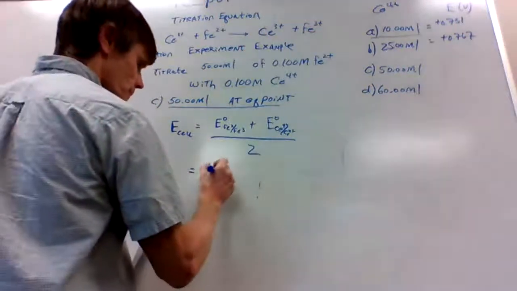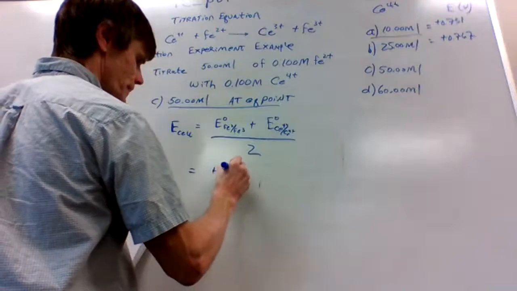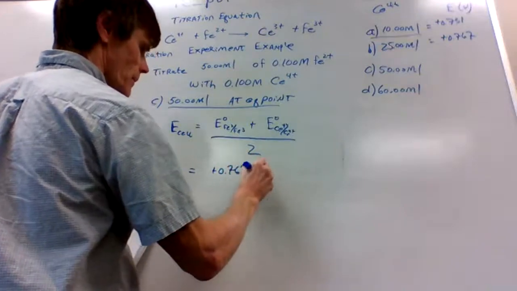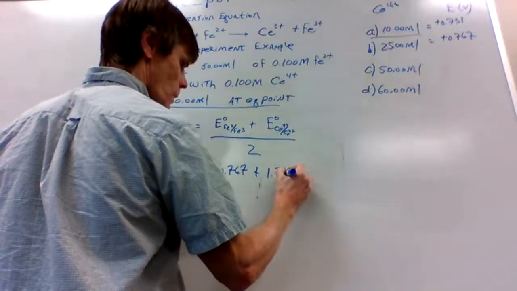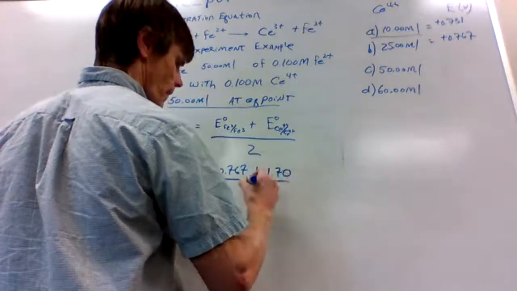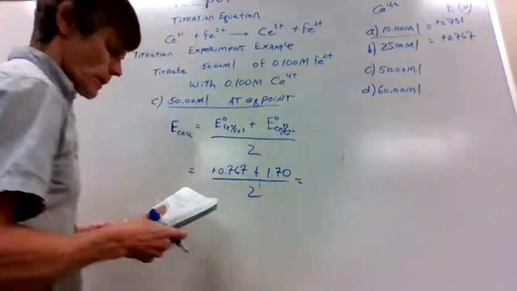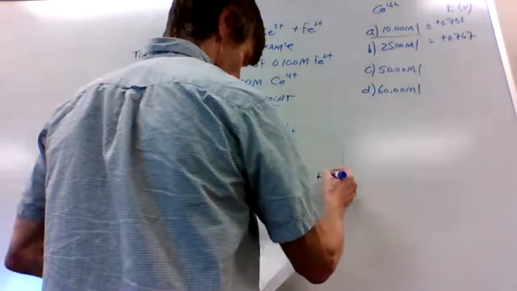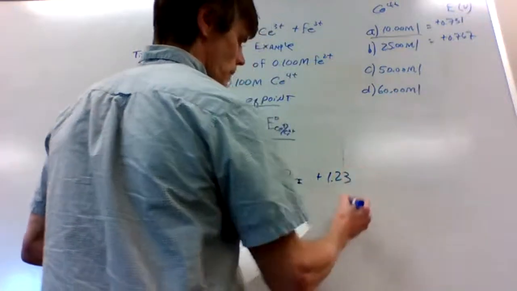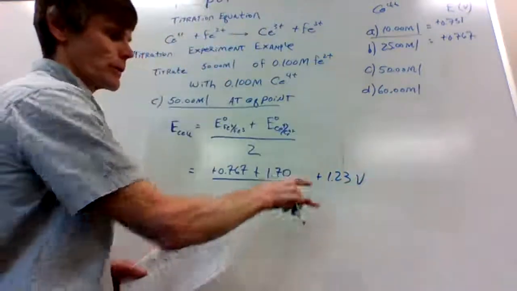This is positive 0.767 plus 1.70 divided by 2. And at the equivalence point, our potential that we measure is now up to 1.23.